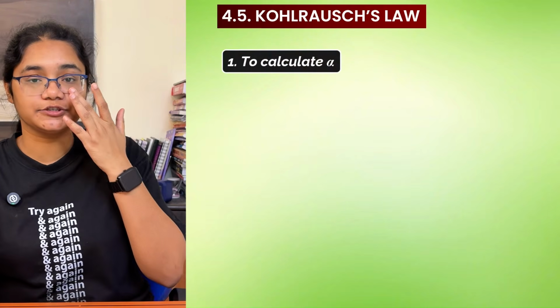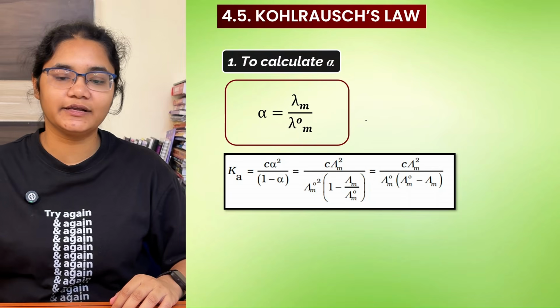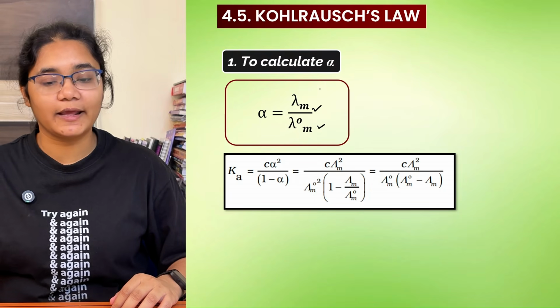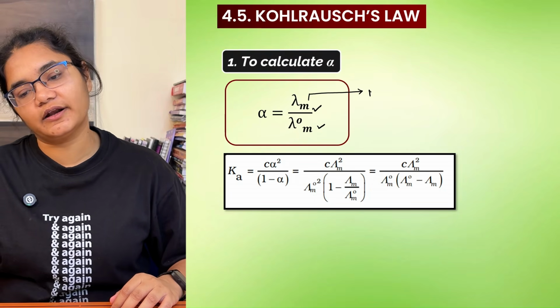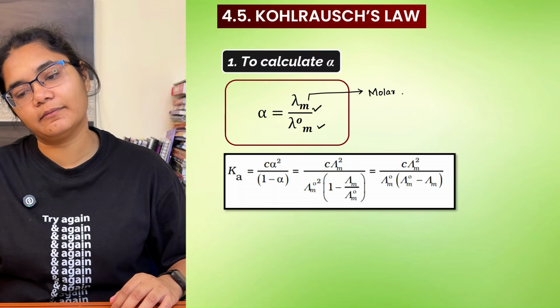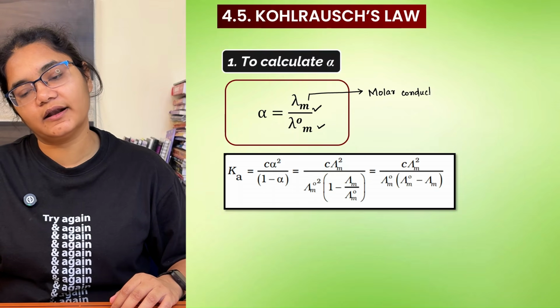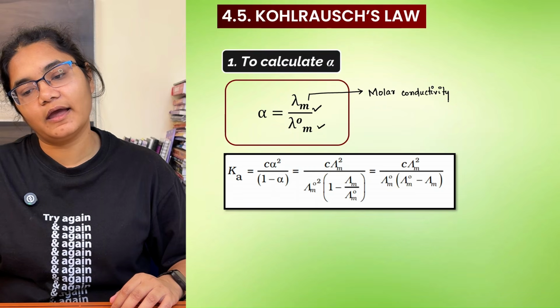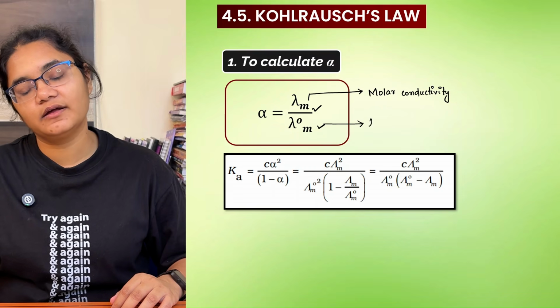Next we will see applications of Kohlrausch law, first to calculate alpha. The alpha value is lambda m by lambda naught m, where lambda m is the molar conductivity and lambda naught m is the limiting molar conductivity.